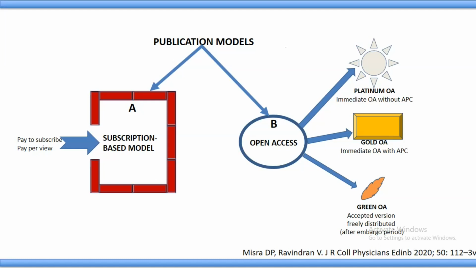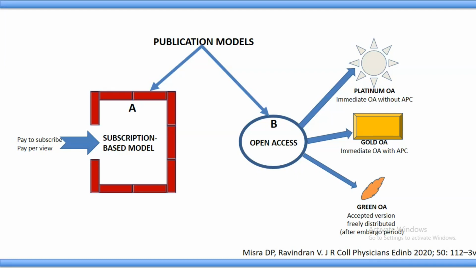Now, somebody has to pay for this. In Platinum Open Access, the authors are not charged. Generally, society journals may publish their articles as Platinum Open Access, so they bear the cost of publication. Gold Open Access is when the authors pay for it. When you publish an article as Gold Open Access, you pay the article processing charges, as a consequence of which it is made open access.